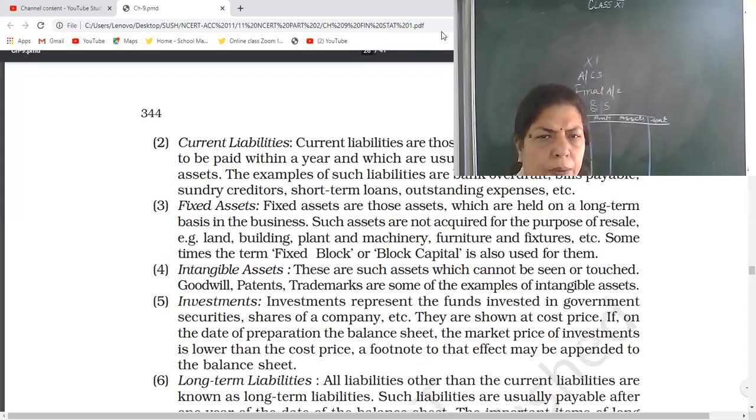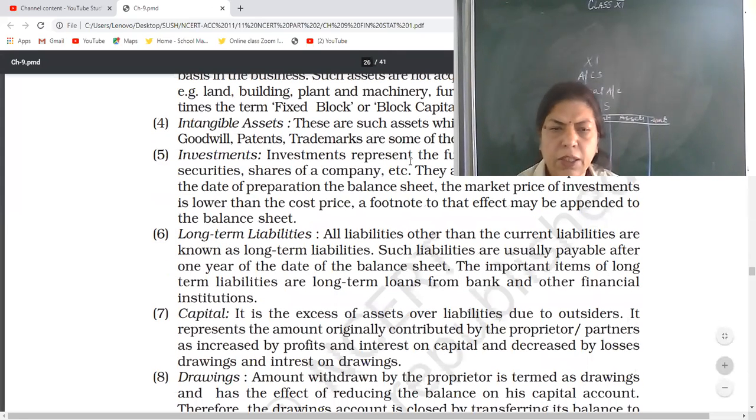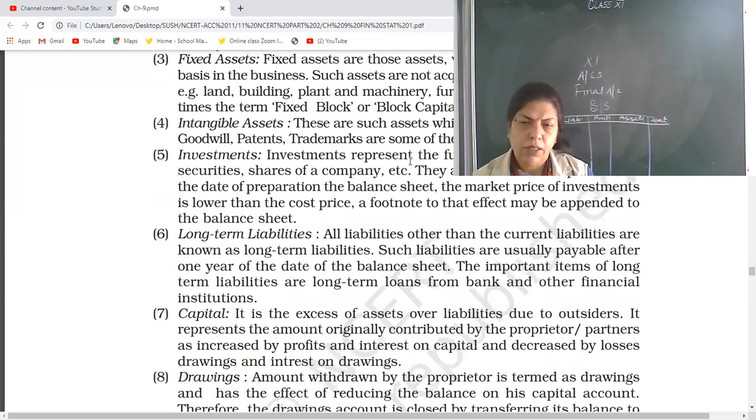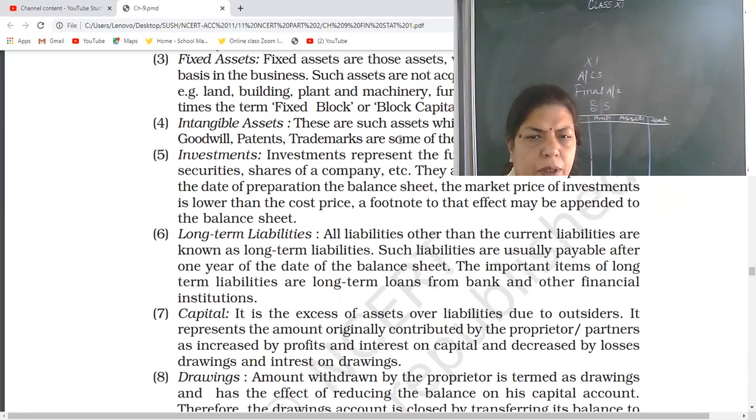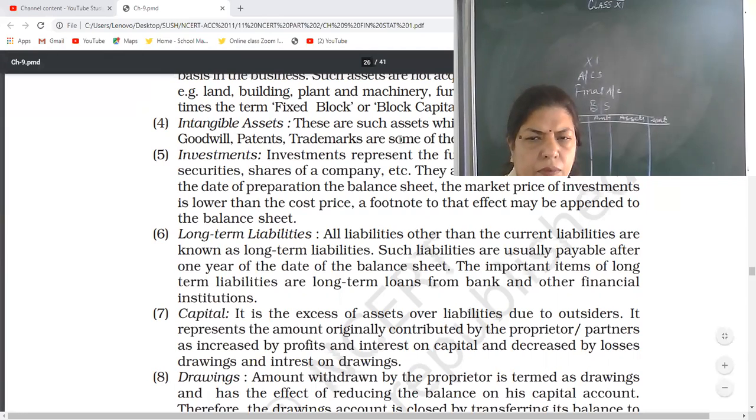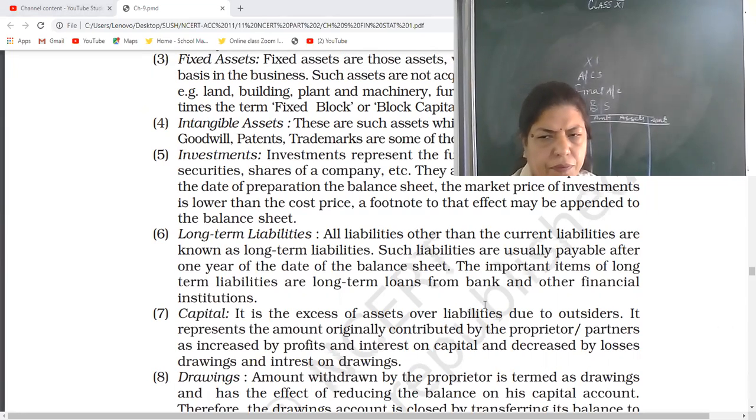Okay, so now long-term liabilities. All liabilities other than current liabilities are known as non-current liabilities, or we can say long-term liabilities. Such liabilities are usually payable after 1 year of the date of the balance sheet. Long-term loans from the bank.